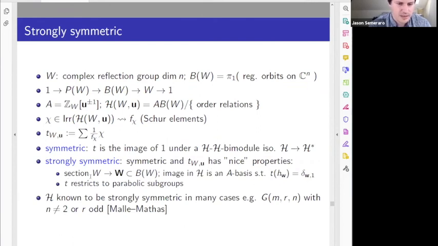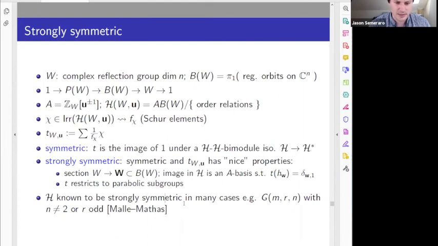Under this section from W to the braid group, the image in H, because the braid group is defining H, is a basis with this property, that t of T_w is delta of w, 1. And secondly, that t restricts to the parabolic subgroups, in a natural way. So we take the symmetrizing form for H, we can pass down to a symmetrizing form for a parabolic subgroup. So these are some technical conditions which just mean that t is nice. That's all I'm trying to say here.